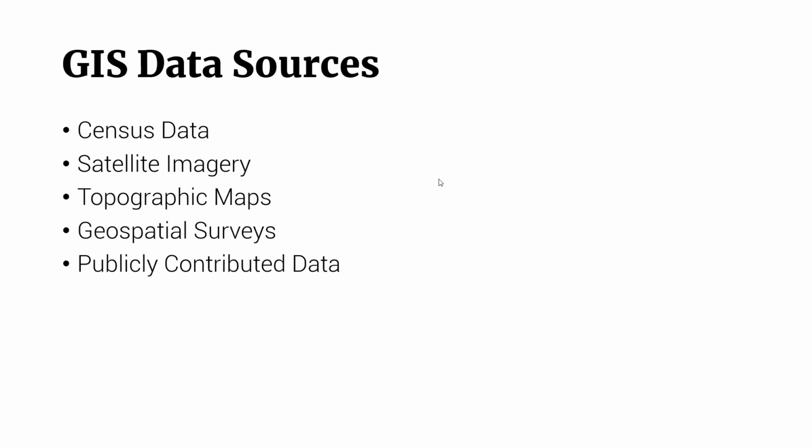So these are the common data sources of GIS. We have census data, satellite imagery, topographic maps, geospatial surveys, and publicly contributed data. What is this census data?